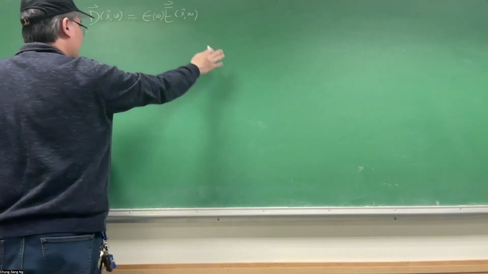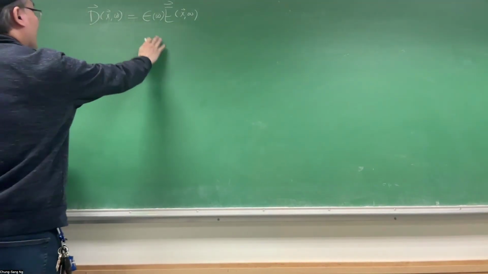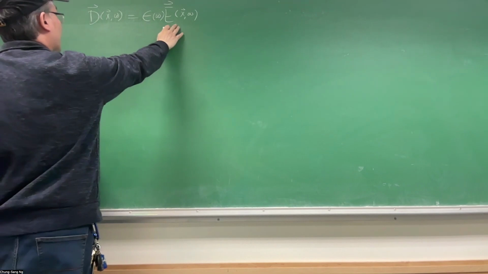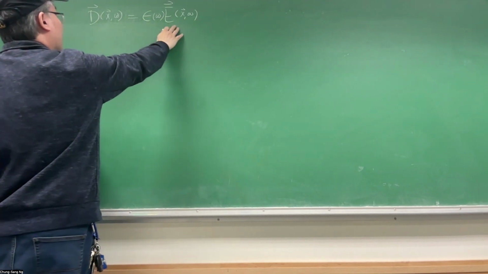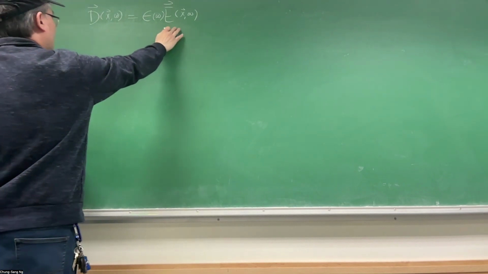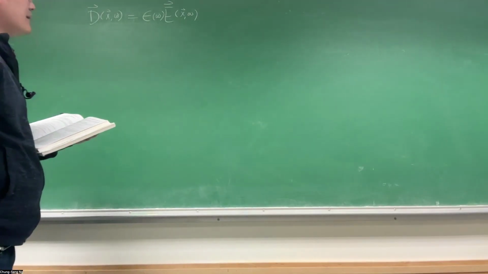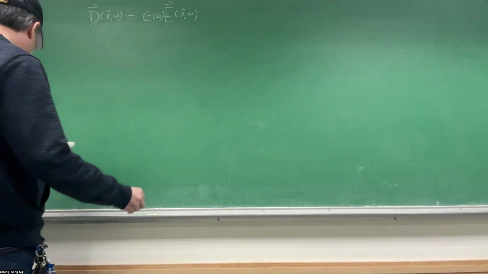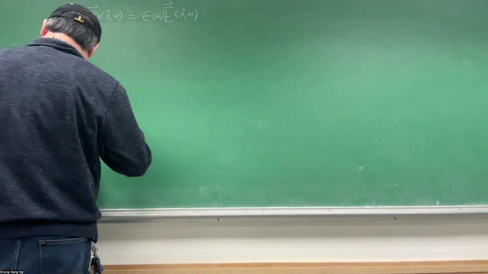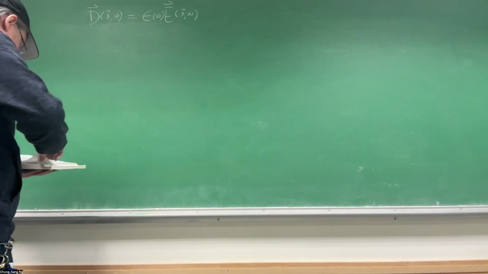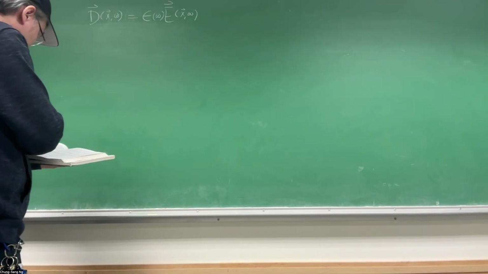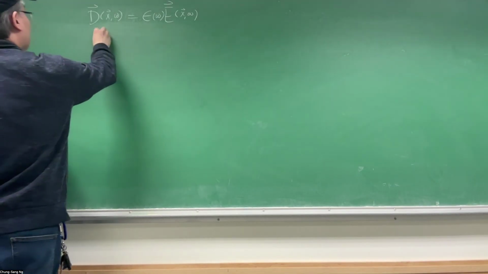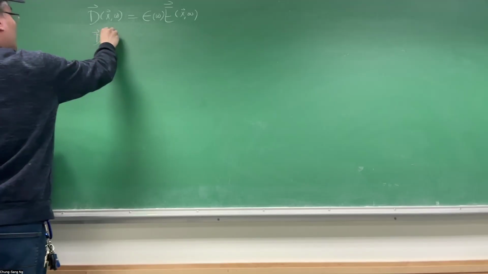Actually, it becomes an integral. Because you have a product of these two, it doesn't depend on the electric field at the same time; it actually involves an integral of that one. So in this case, we go back to the time domain.